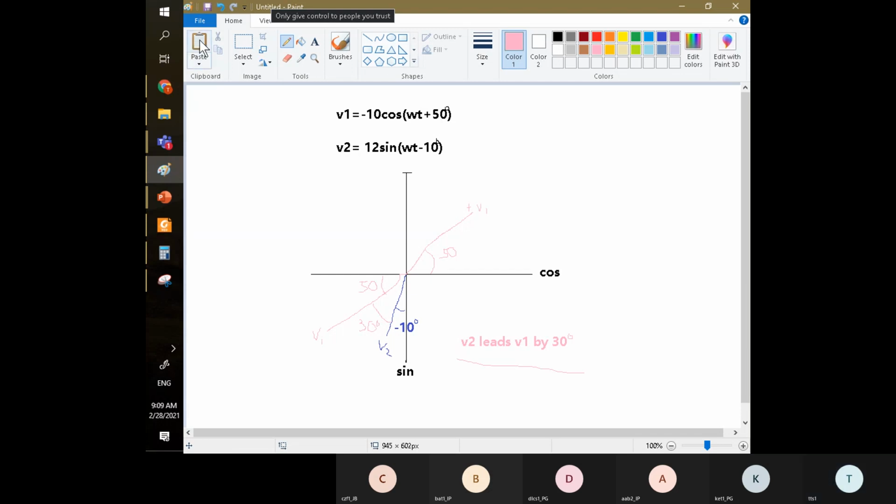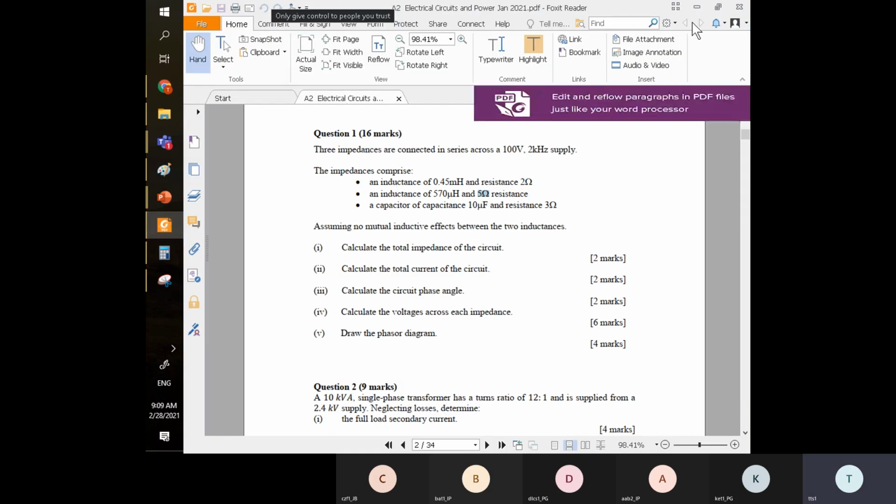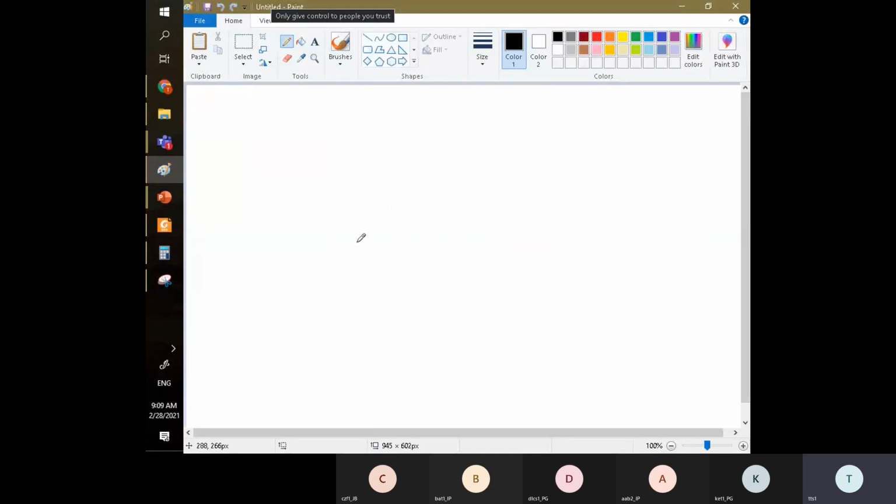Okay. Now I kind of prepare you for assignment number 2. The next thing you should learn, if you want to solve this problem, just now we talked about the phasor, right? We talked about the phasor rectangular form.